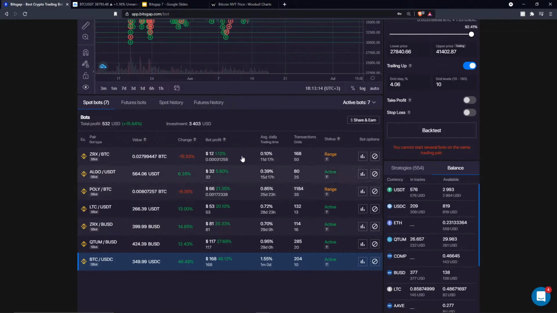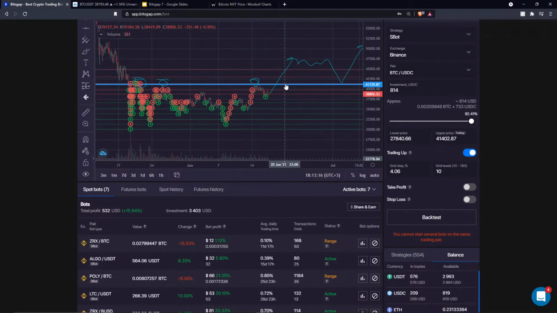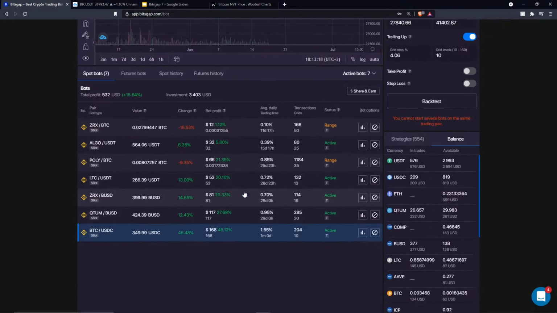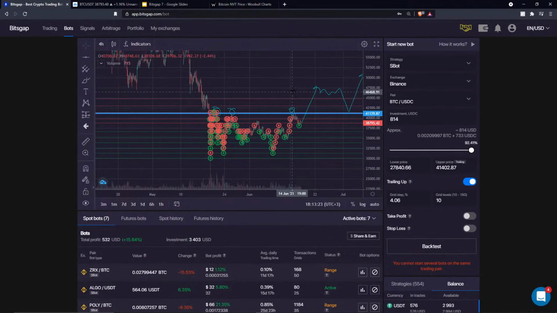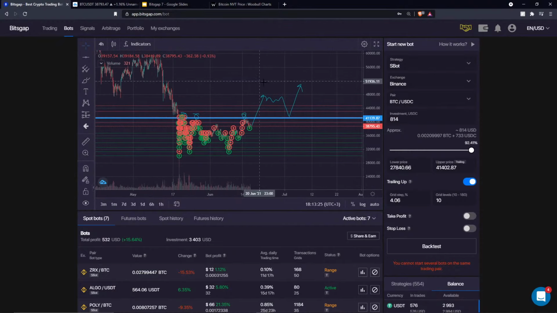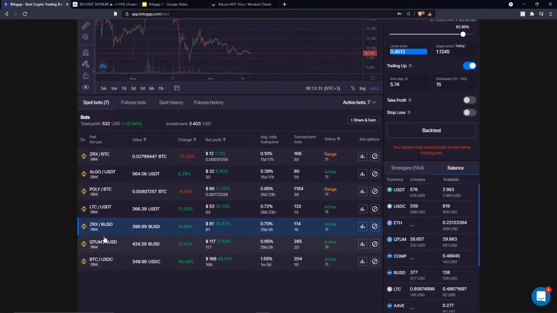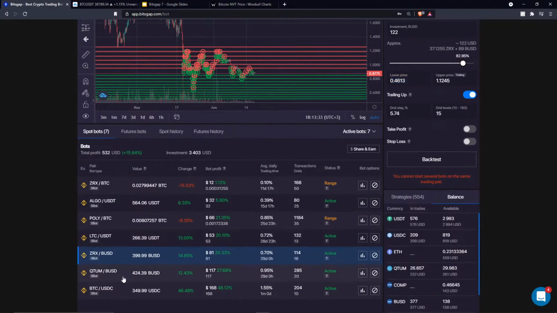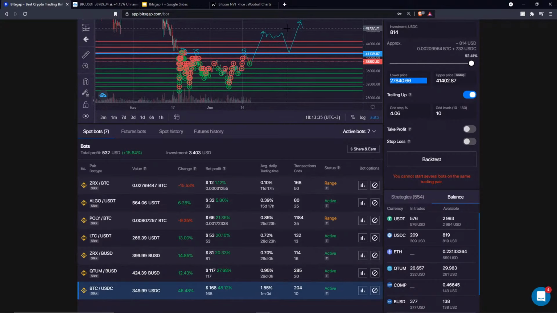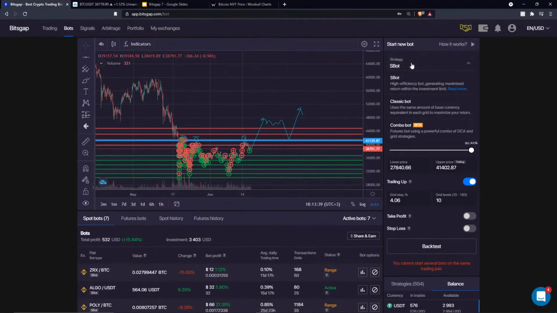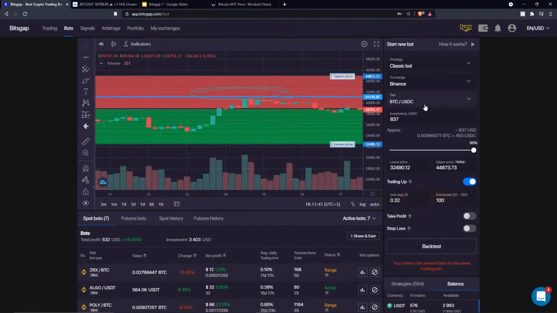It would no longer be that profitable to hold on to these trades, because I know that now the market sentiment has changed to a strong bullish sentiment, and that means that I need to close this S bot, this one and S1, because we are no longer in the sideways market. Then we will enter the rising market, and on the rising market the best way to earn is with the classic bot.